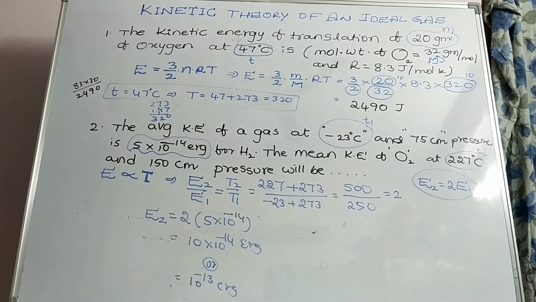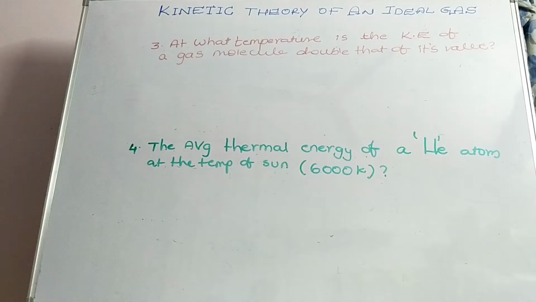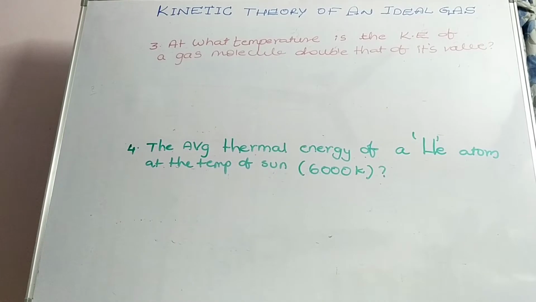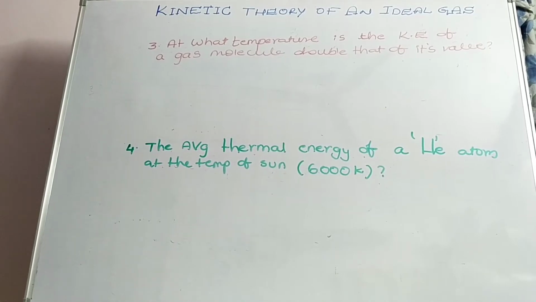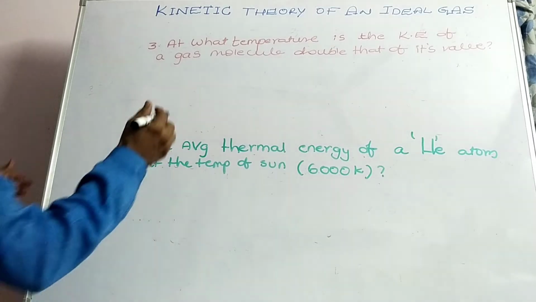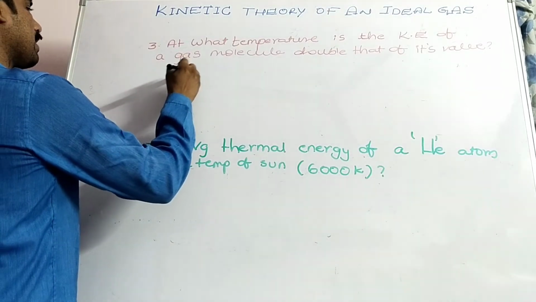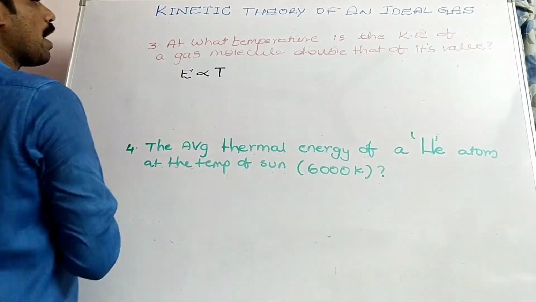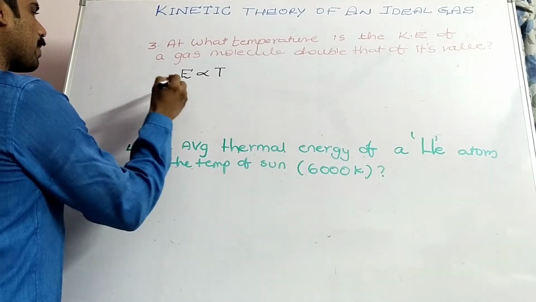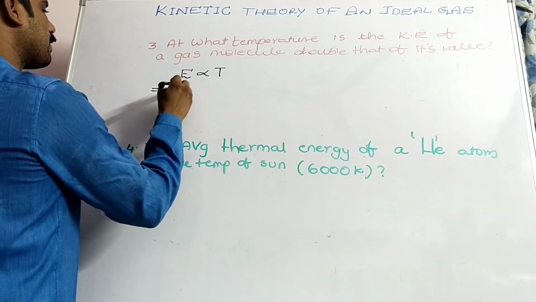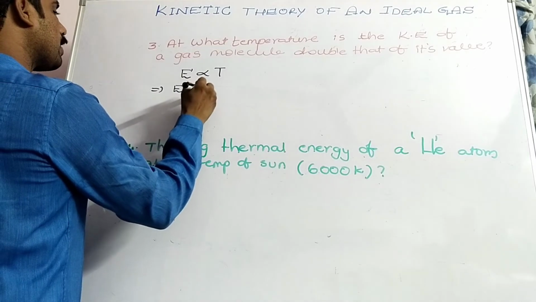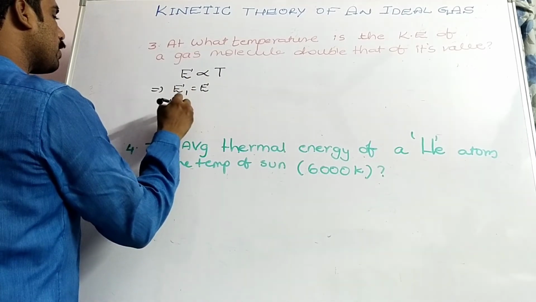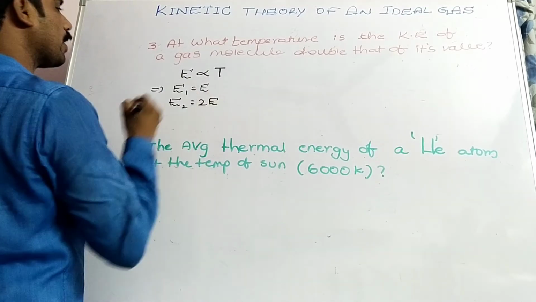Okay, next question. At what temperature is the kinetic energy of a gas molecule double that of its value at 27 degrees Celsius? Of course, we know average translational kinetic energy E is directly proportional to the absolute scale of temperature. That implies, given E1 is equal to E, then E2 is equal to 2E.